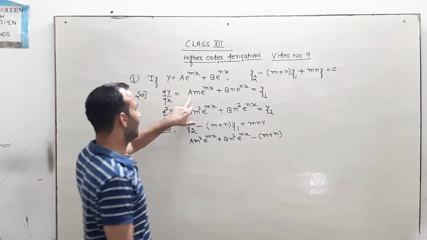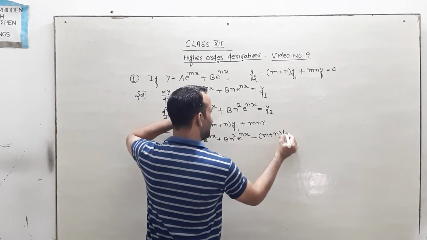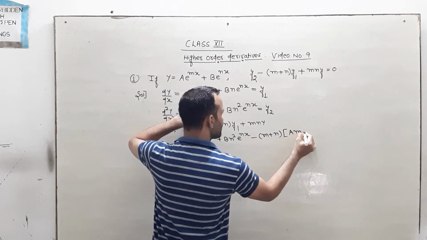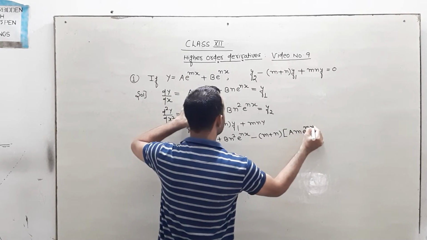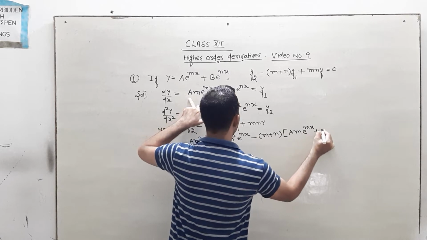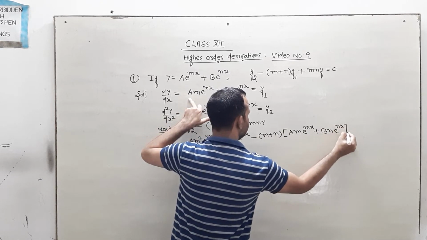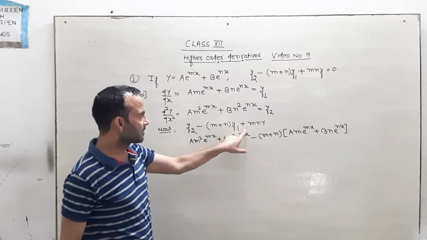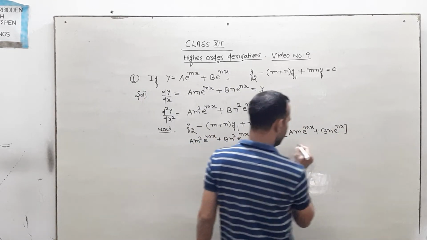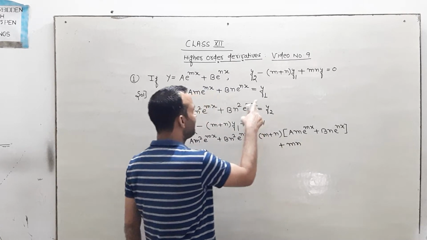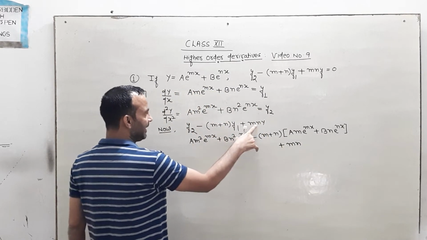What is the value of y1? The value of y1 is a m e raised to the power mx plus b n e raised to the power nx, plus mn multiplied with the value of y.